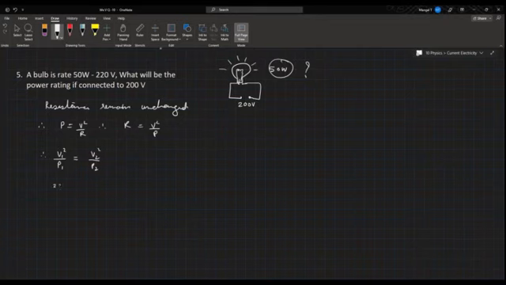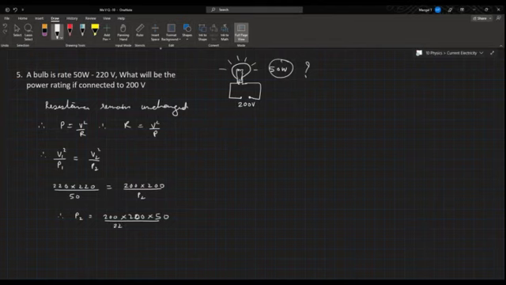So I'll fill up the data. 220 into 220 upon 50 is equal to 200 into 200 upon P2. So I get P2 as 200 into 200 into 50 upon 220 into 220.